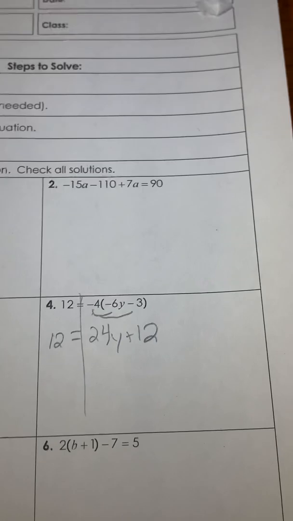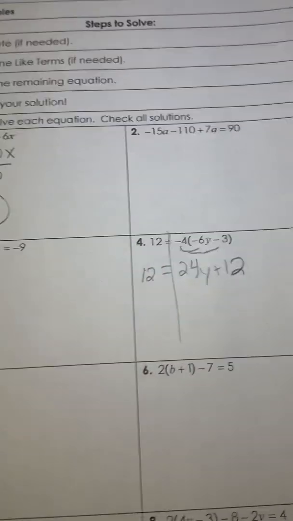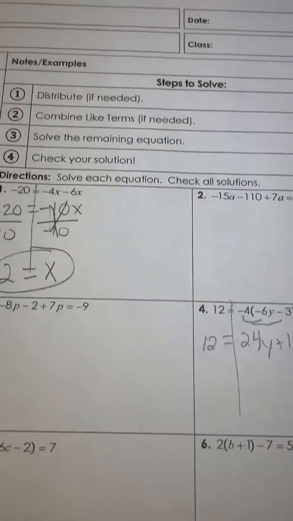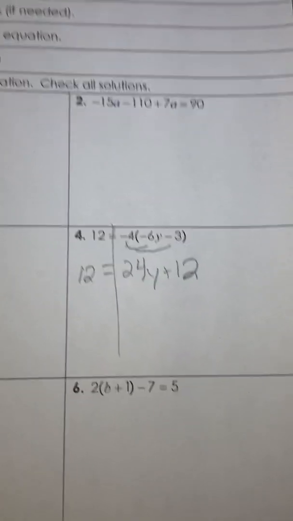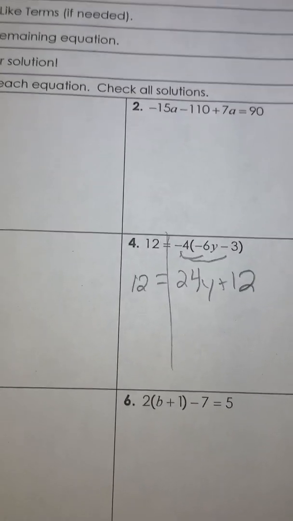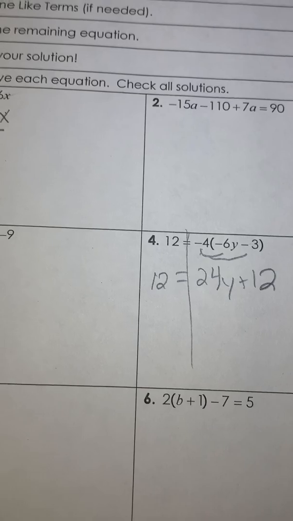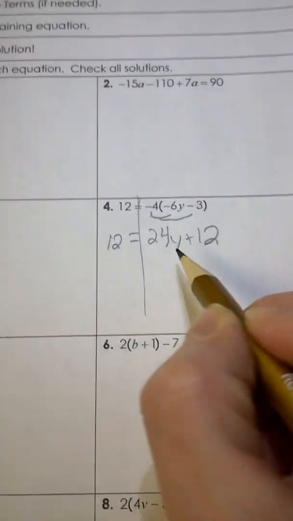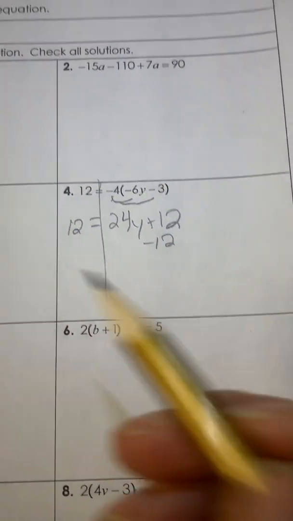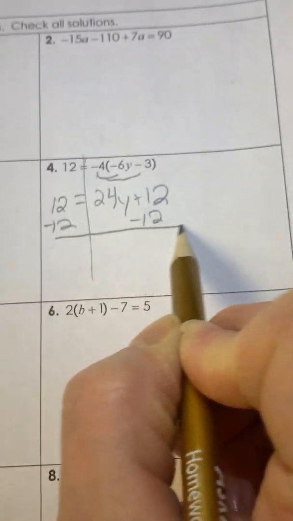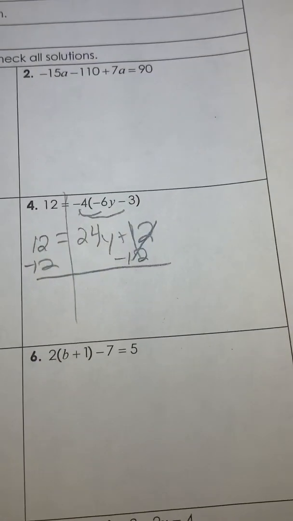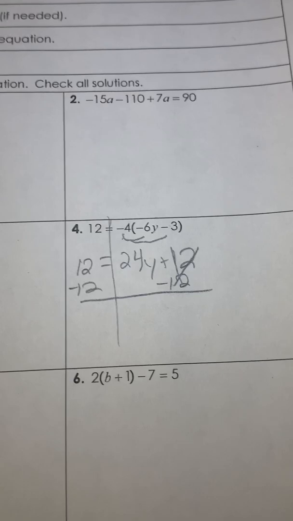Now we've got a good old-fashioned two-step equation. Somebody has wrapped my gift of a y. What is the bow? 12. How do I undo plus 12? Minus 12. Whatever you do to one side, gotta do to the other. After every step, you rewrite the problem.